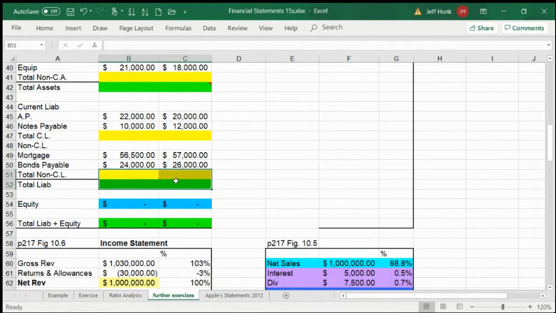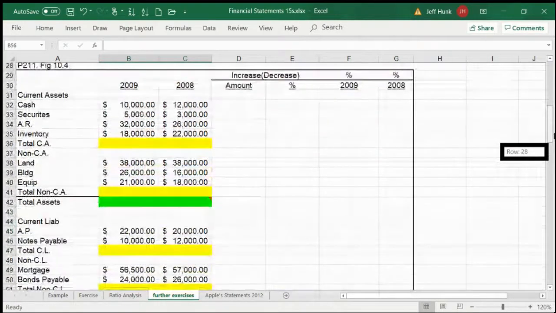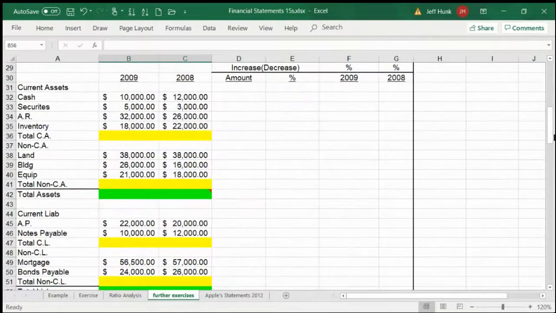All the highlighted cells. So what are we doing in this example? First of all, you can tell this is a balance sheet, and we're looking at the balance sheet of 2009 and 2008.